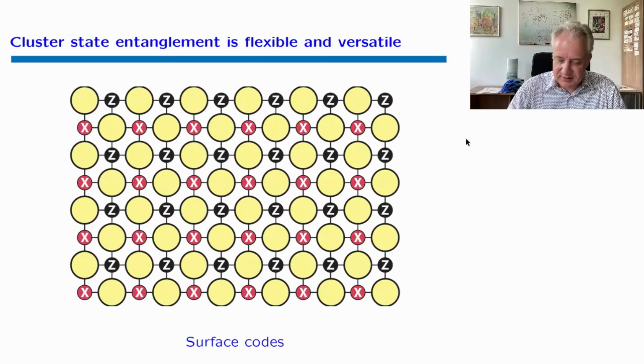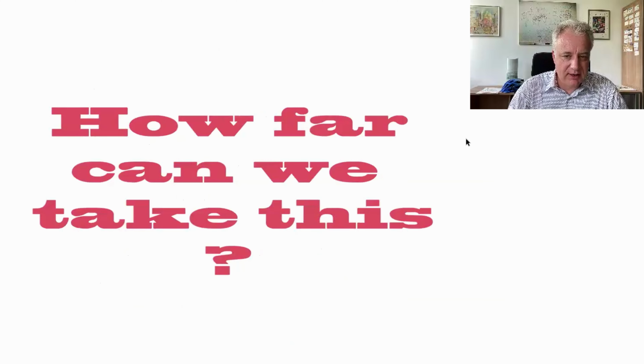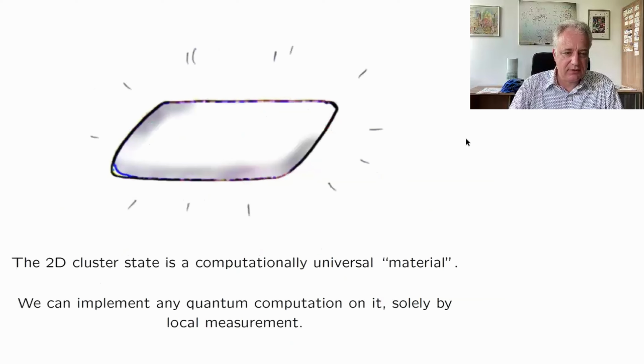Now that you've seen these examples, maybe you ask yourself, how far can we take this? And it's pretty far, actually. So here's the first thing. The two-dimensional cluster state is a computationally universal material. You can make any quantum computation on it by one-qubit measurements only.